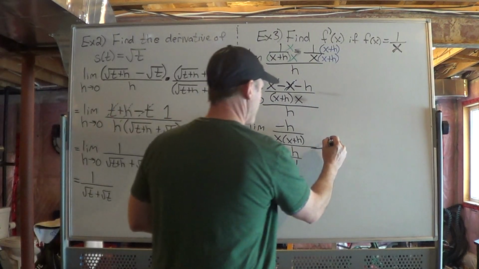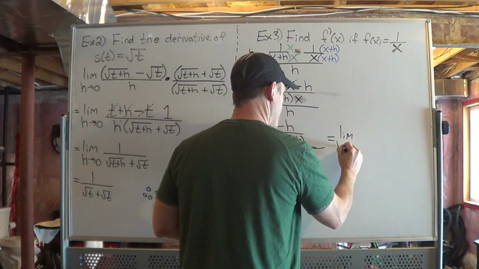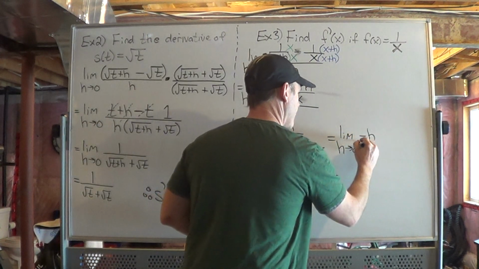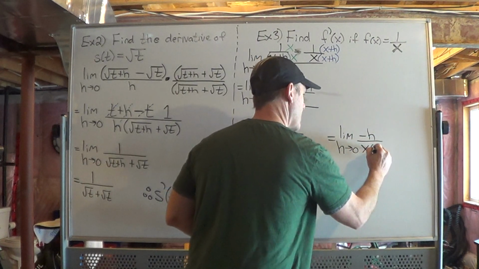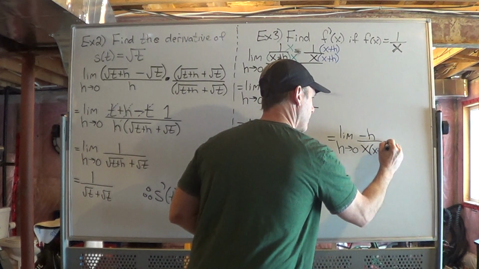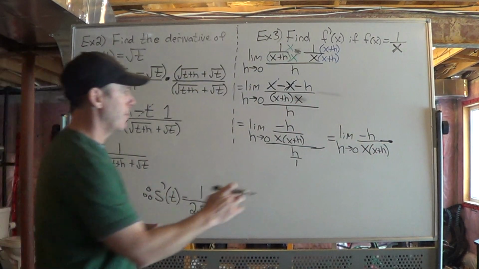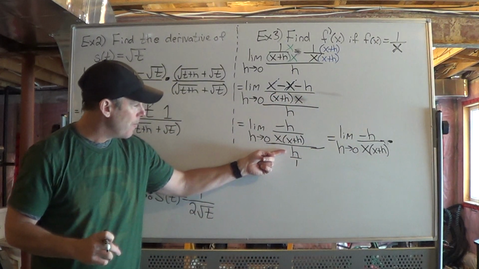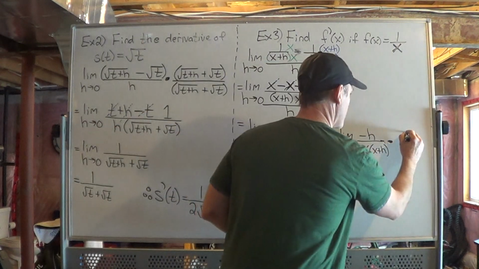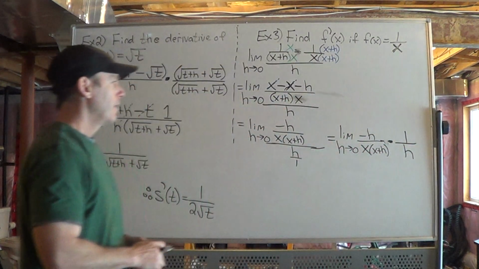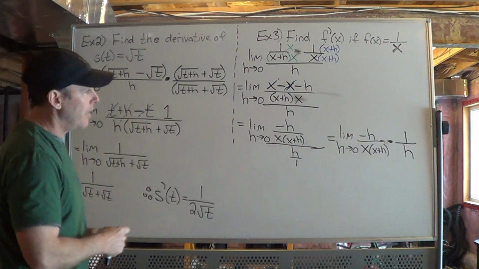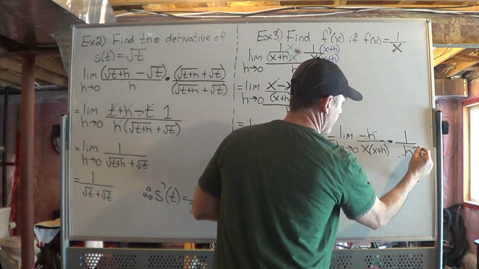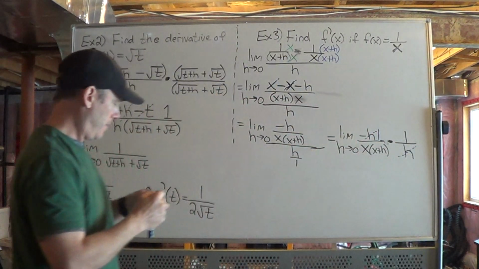And so really I'm going to get the limit as h approaches 0 of my first fraction, the negative h divided by x times x plus h, multiplied by, again I'm inverting and multiplying, so h over 1 becomes 1 over h. And I'm lucky now that I have an h in the numerator and h in the denominator, so those divide each other out. So I got a negative 1 there now because of that minus sign.